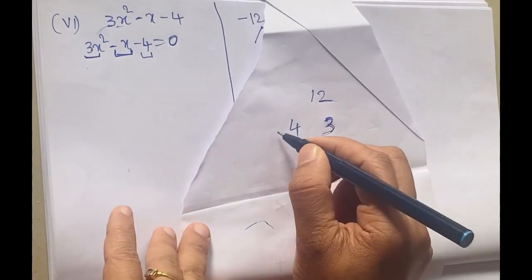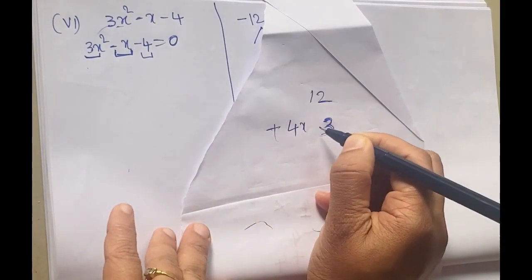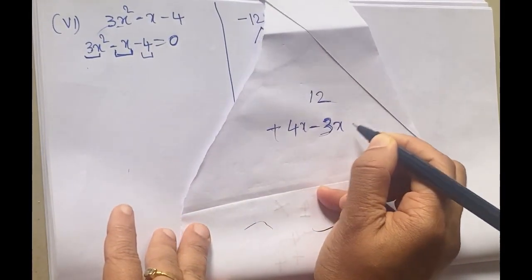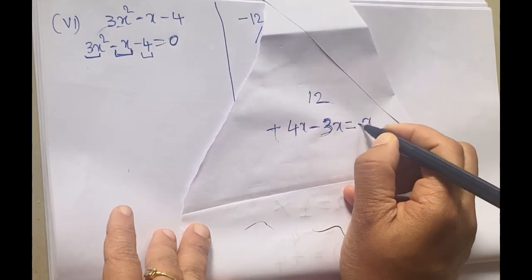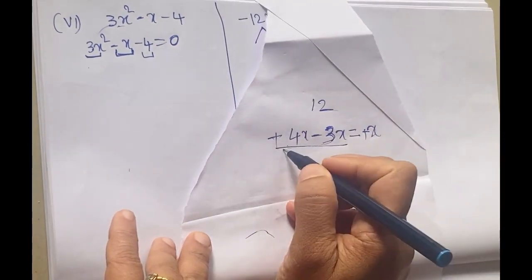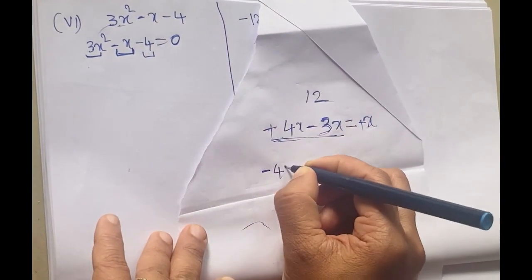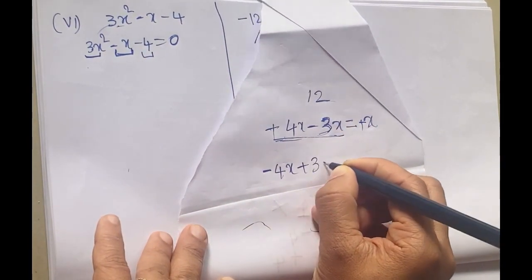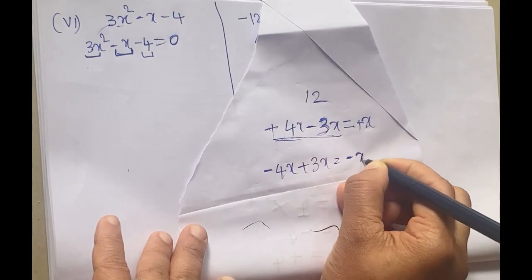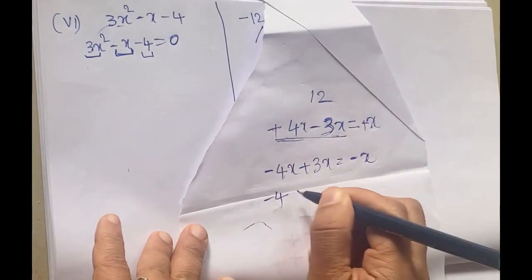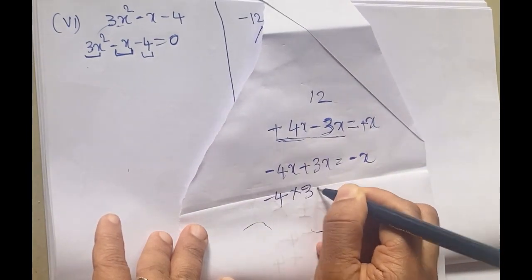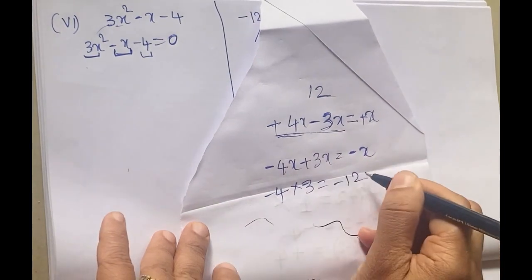If I take plus 4x and minus 3x, I will get plus x. When I add these two, I need to get minus x. That's why I will take minus 4x and plus 3x. I will get minus x. If I multiply minus 4 and plus 3, I will get minus 12.